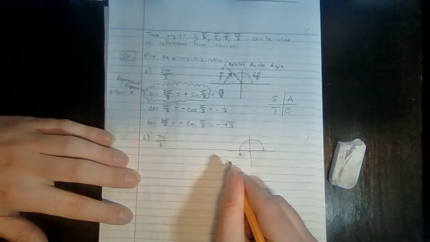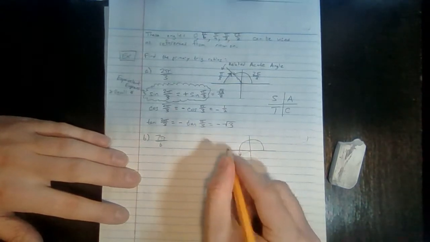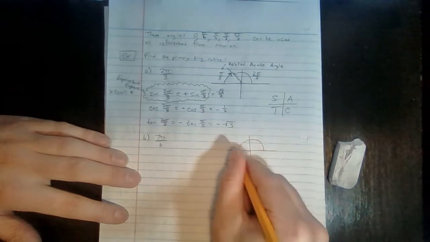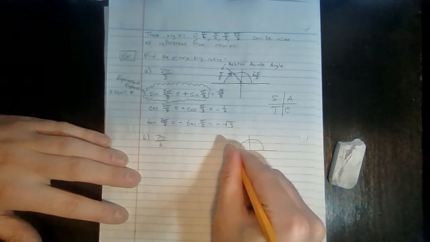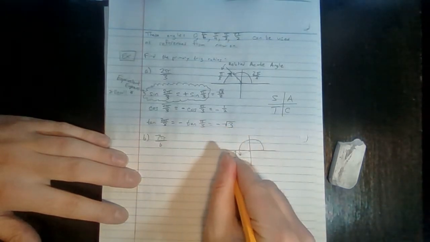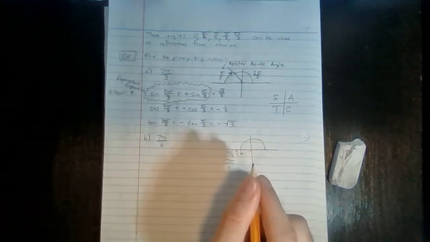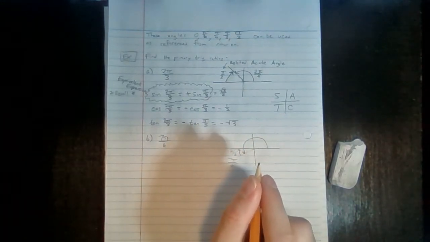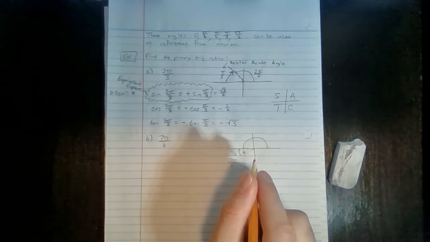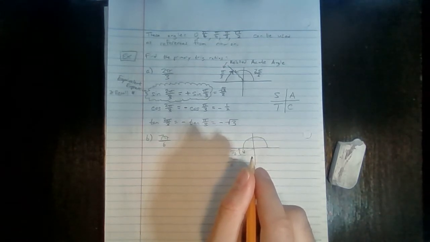That is 7 pi over 6. And if this is 6 pi over 6, that means to get back to the x-axis, our related acute angle is going to be pi over 6. So our related acute angle is pi over 6.